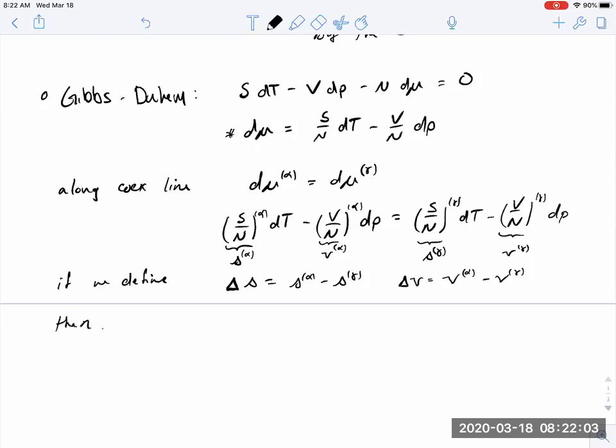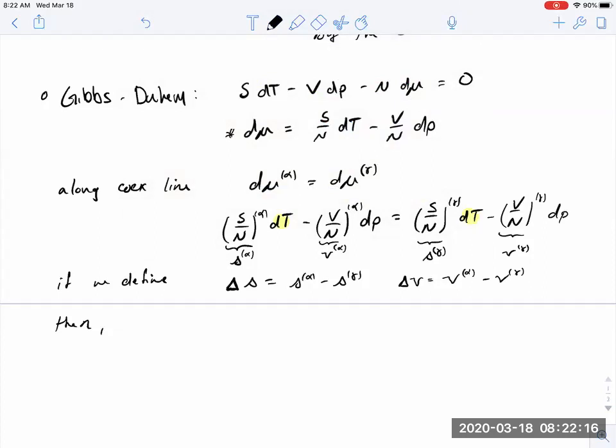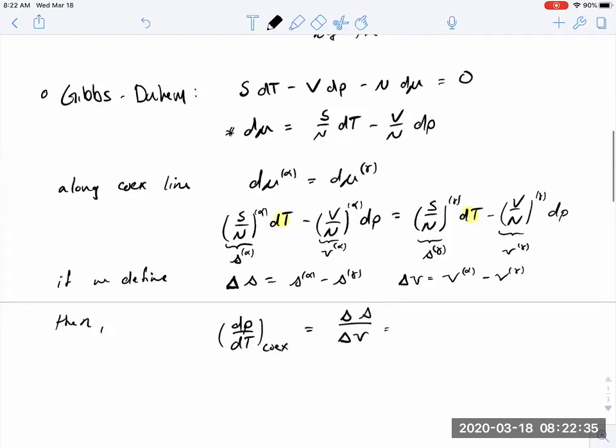Then we can rearrange this equation, solving for the change in pressure over the change in temperature, and we find that along the coexistence curve, the change in the pressure as a function of the temperature is equal to delta S over delta V, or the change in the entropy per particle for alpha minus that for gamma, over the change in the volume per particle for alpha minus that for gamma.